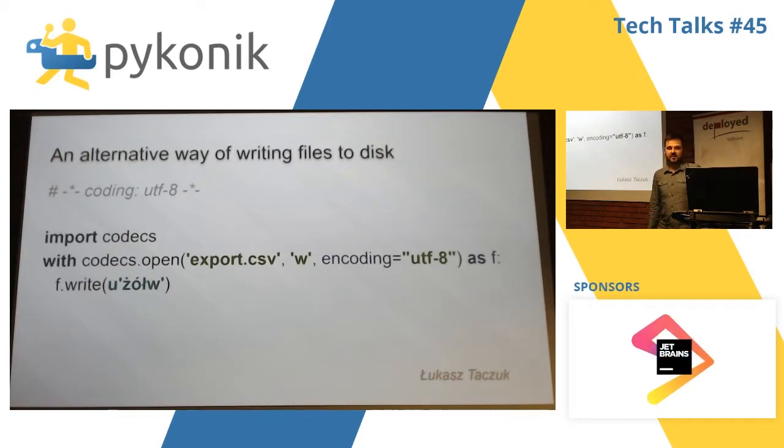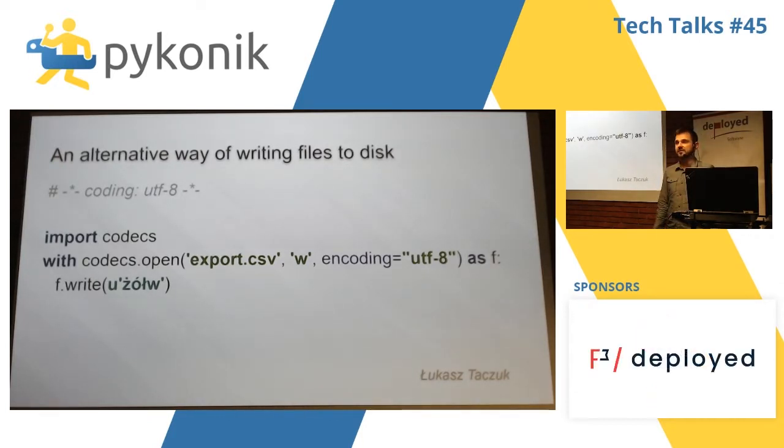So how to do this correctly if you want to write things to a file? One way is, of course, to encode or decode manually. Or, instead of opening the file using open, you can import the codecs module.